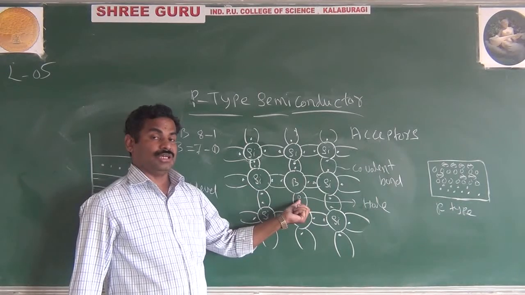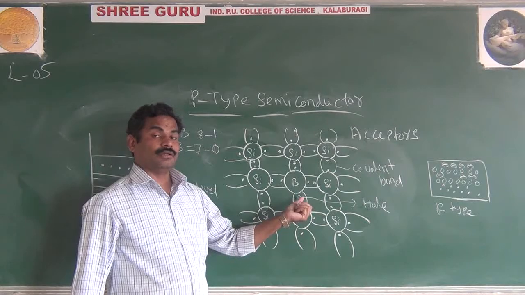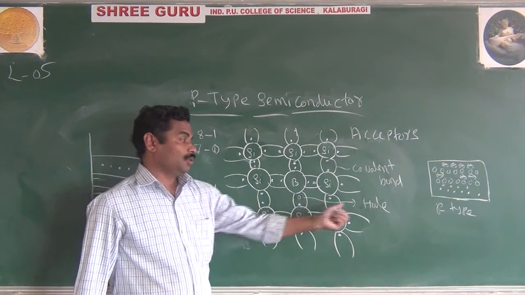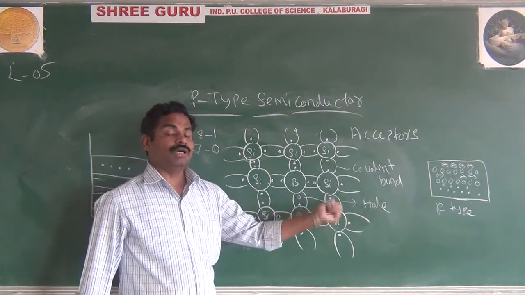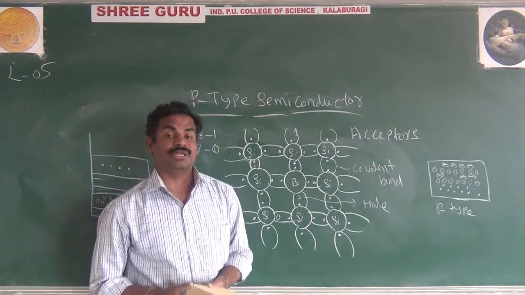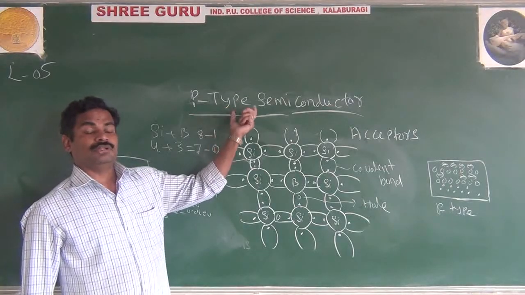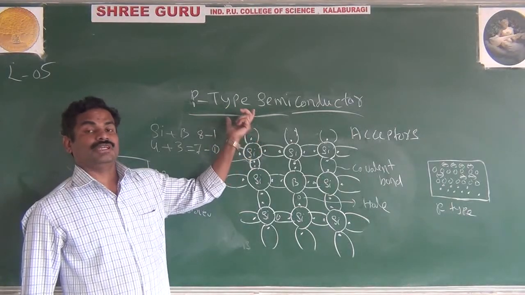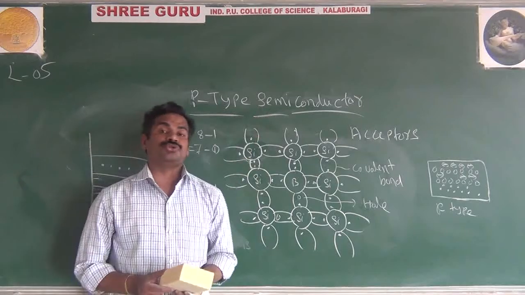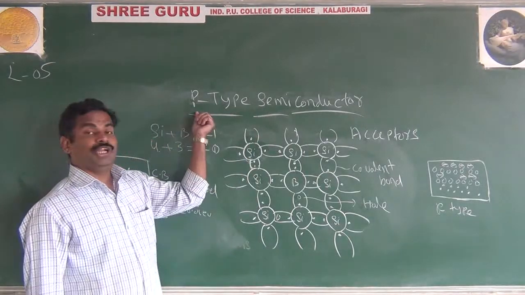Here is a vacant place of the electron. That vacant place or deficient electron is nothing but the hole. It means whenever we add the trivalent impurity, we can generate more holes. That's why in the p-type semiconductor the majority carriers are holes, which are positive charge carriers. That's why it is called p-type semiconductor.